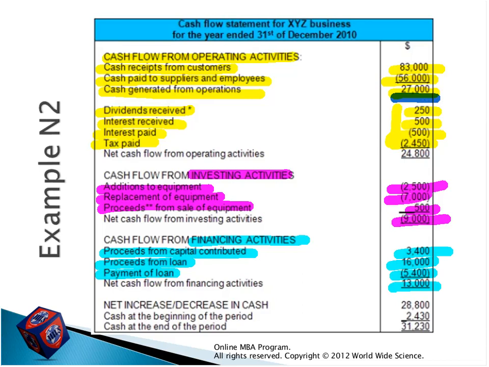So from operating activities, we have 24,800. From the investing activities, we have 9,000 in negative, right? And from the financing activities, we have 13,000 of cash in a positive amount.